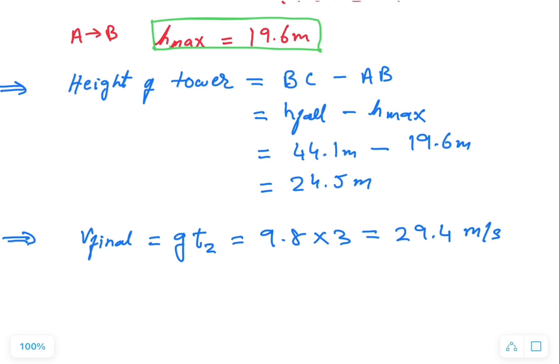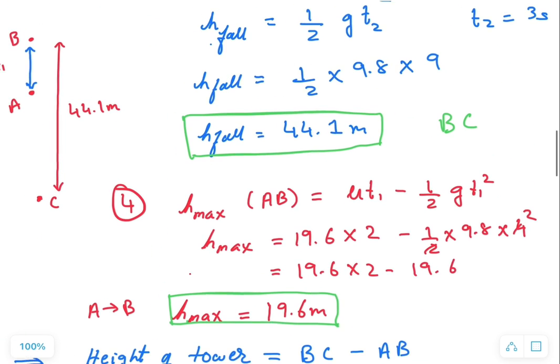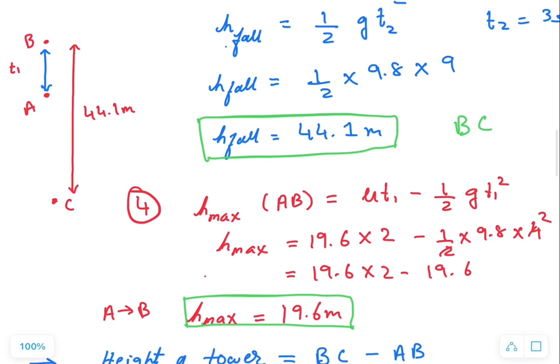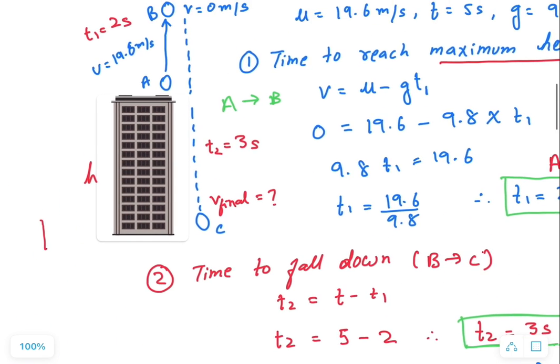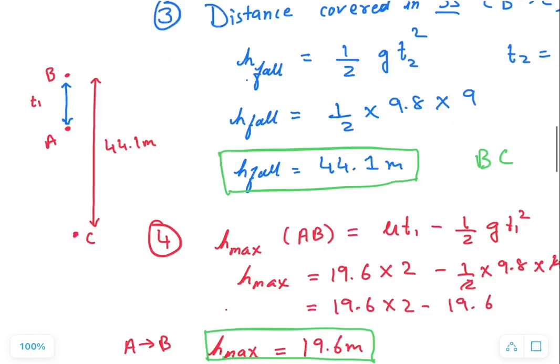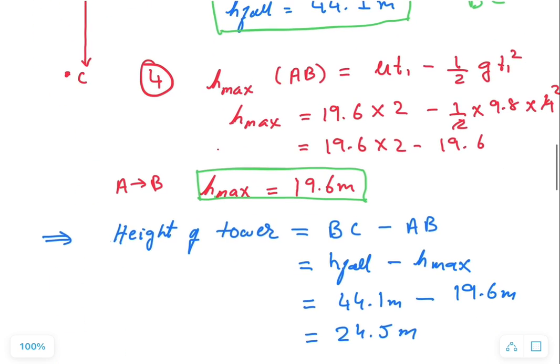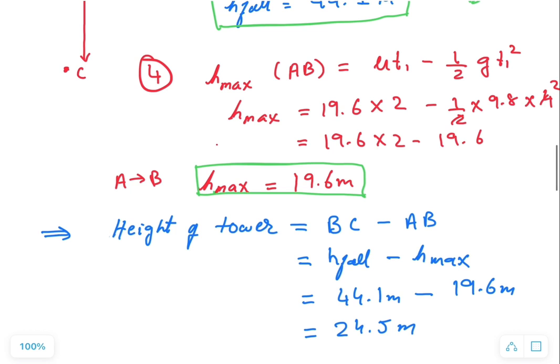Now let's obtain the height of the tower. The height of the tower will be BC minus AB. From point B to C the distance is 44.1 meters and the distance from A to B is 19.6. So BC minus AB gives us AC, which is the height of the tower. So H fall minus H max.